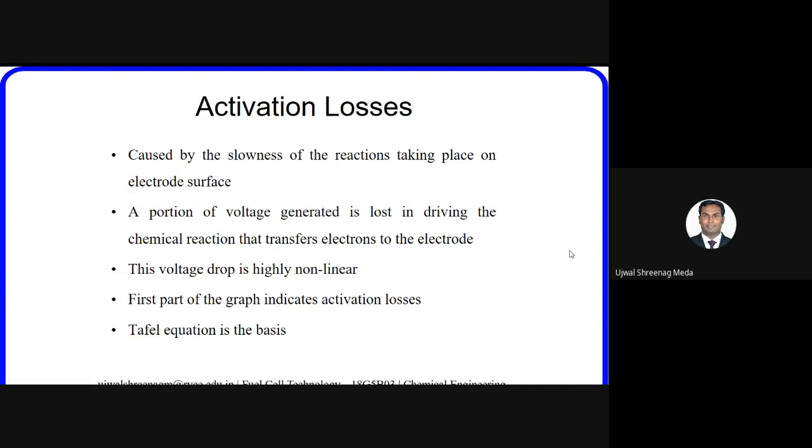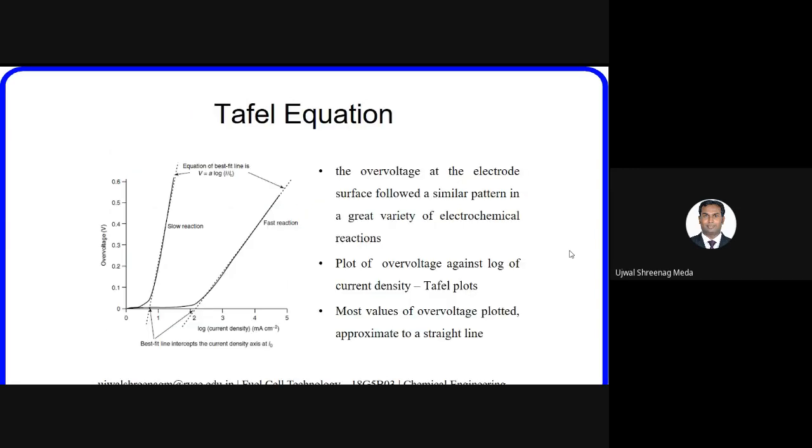that irrespective of the starting materials, in all these electrochemical reactions, the losses followed a particular pattern. Based on those experimental results, he plotted these activation losses, which take place at the electrode-electrolyte interface, or the reaction site, or at the electrodes.